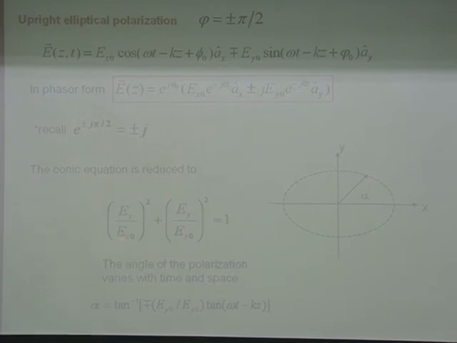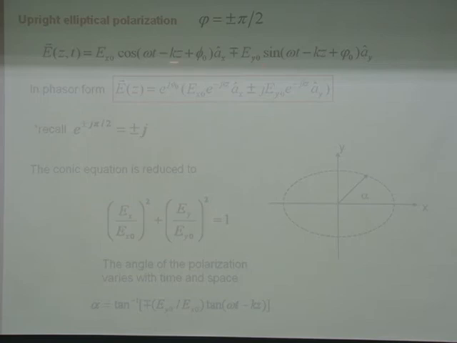Okay, and for this case, it's very easy to calculate the angle. This alpha angle is now just EY over EX is tangent alpha. So you quickly have this expression. Basically, just have this expression divided by this expression.